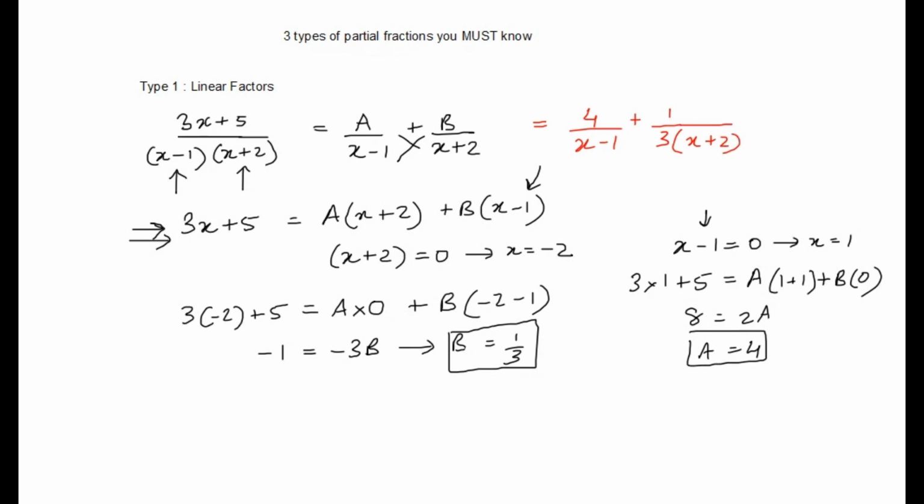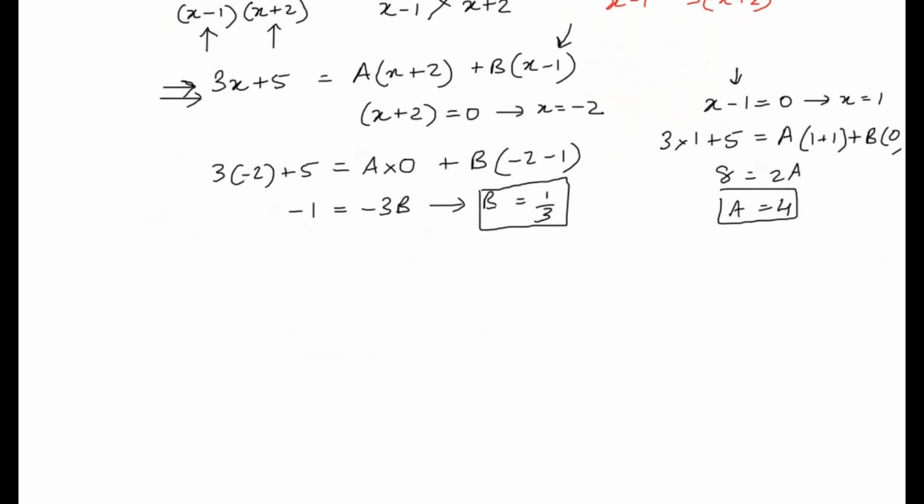And that's how the first type of partial fractions is done. Whenever you see a different set of linear factors in the denominator, you have to split it up. It is type 1 and you have to split it up into a over the first linear factor plus b over the second linear factor plus c over the third linear factor, and so on.